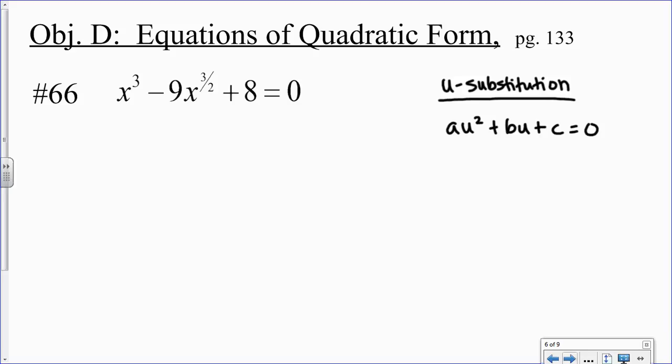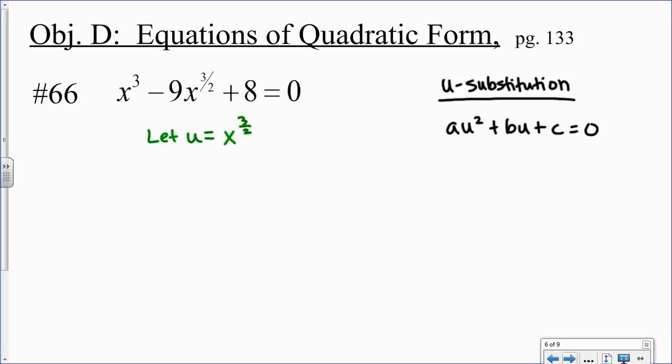So when I do my substitution, I want my u to be here, and I want this to be u squared. So I'm just going to say let u be x to the 3 halves. Hang in there for now. So I'm replacing x to the 3 halves with u.